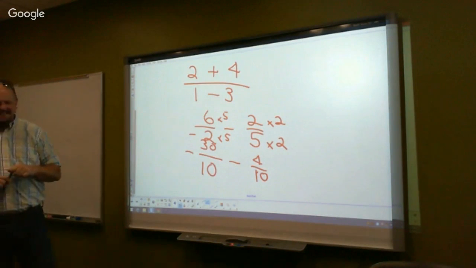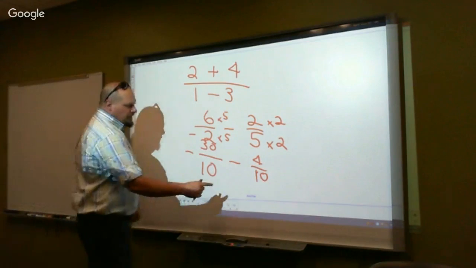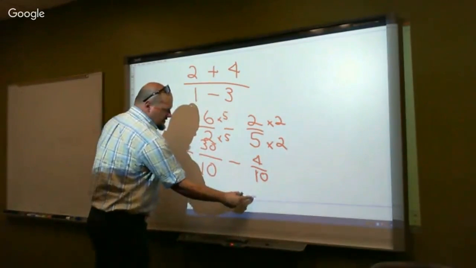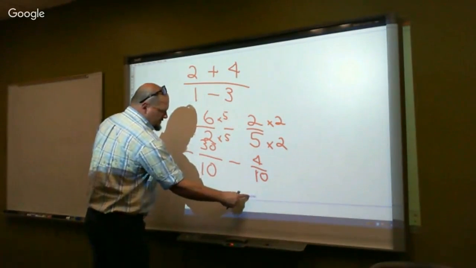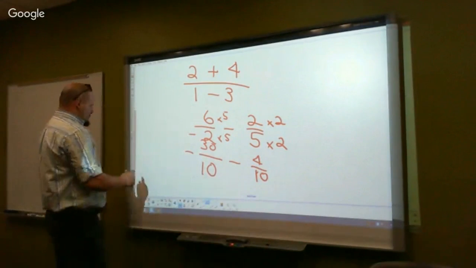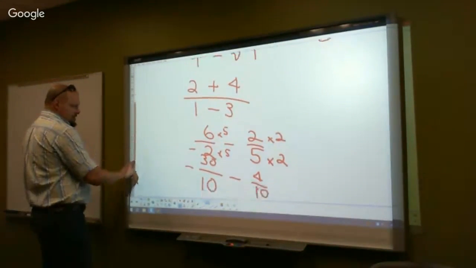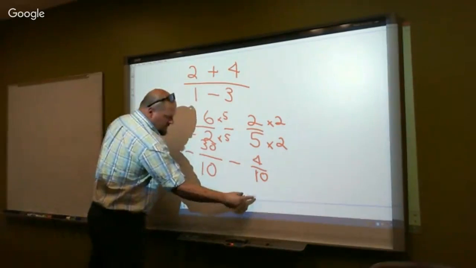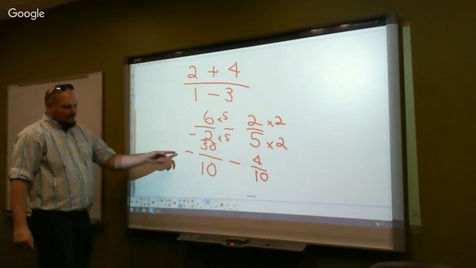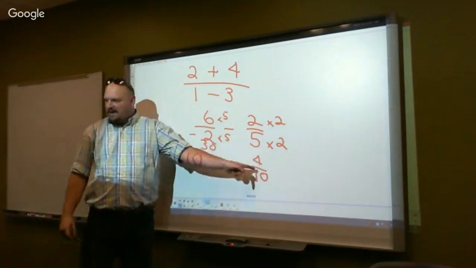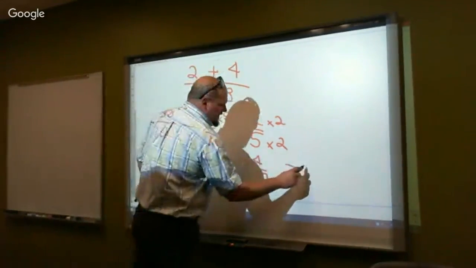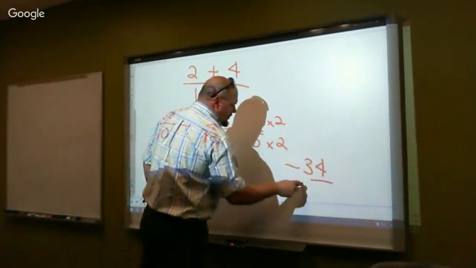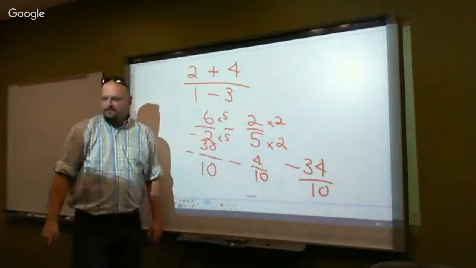It's not negative 24. Negative 30 minus 4 is negative 34 over 10.